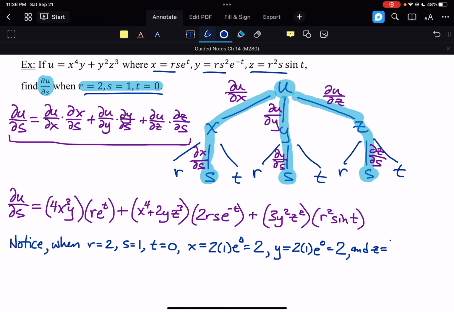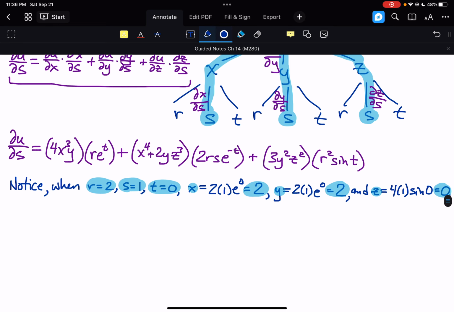And z is 4 times 1 times sine of 0, which is 0. So we have r is 2, s is 1, t is 0, x is 2, y is 2, z is 0. So we've got all of our numerical values here. Now we can just substitute those into this formula instead of trying to convert it.